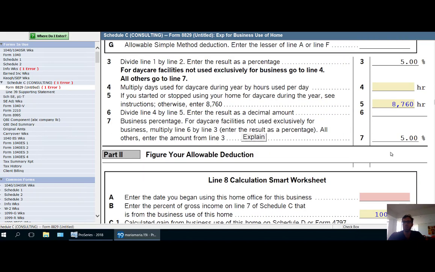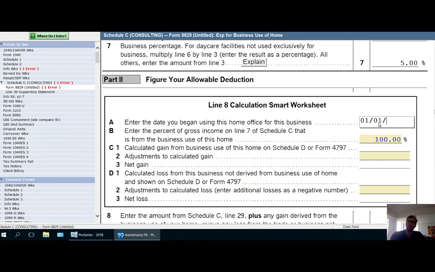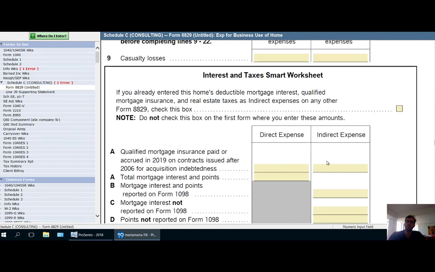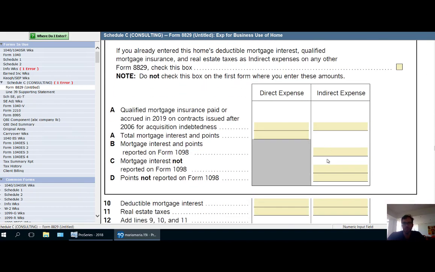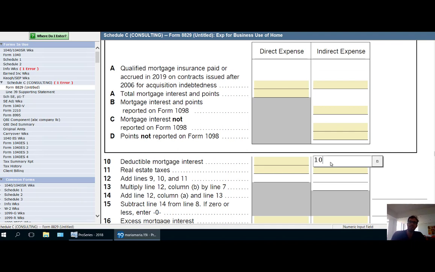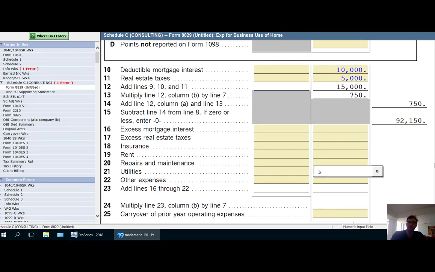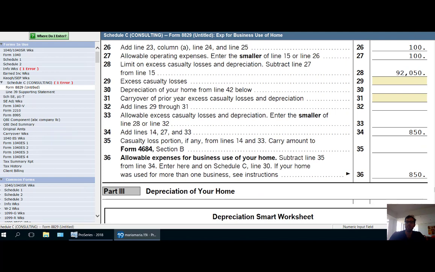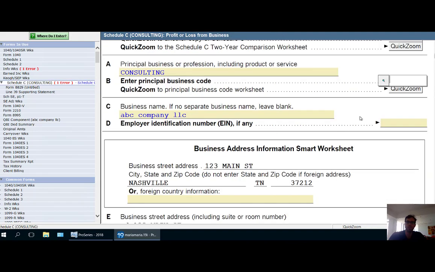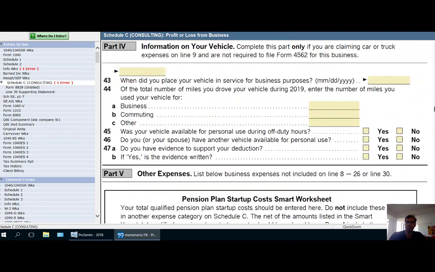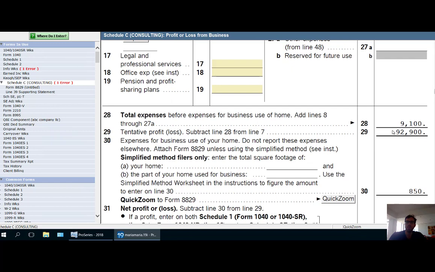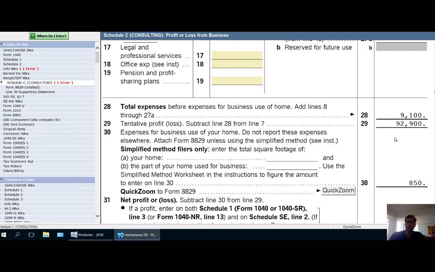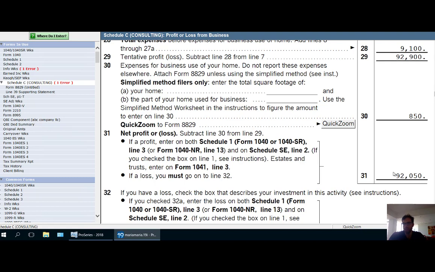So basically, if she has mortgage interest of, we'll say 10,000, real estate taxes 5,000, utilities of 2,000, we're going to take 5% of this number and deduct it. So she gets $850 worth of a deduction as a home office expense. So that 92,900 number, the net income, now is 92,050.